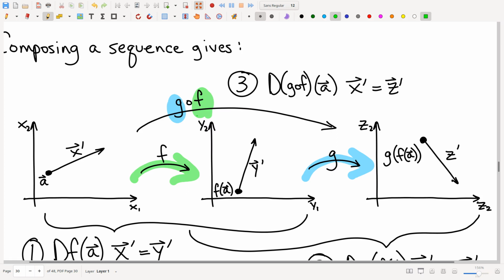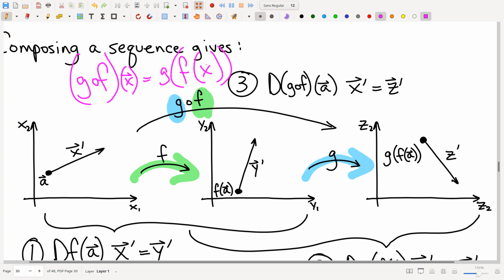And the exact same thing is going on here. This g is on the left because that's how we write functions, right? Specifically, think about what g compose f means. G compose f applied to some value x, let's make it a vector, is literally g of f of x.